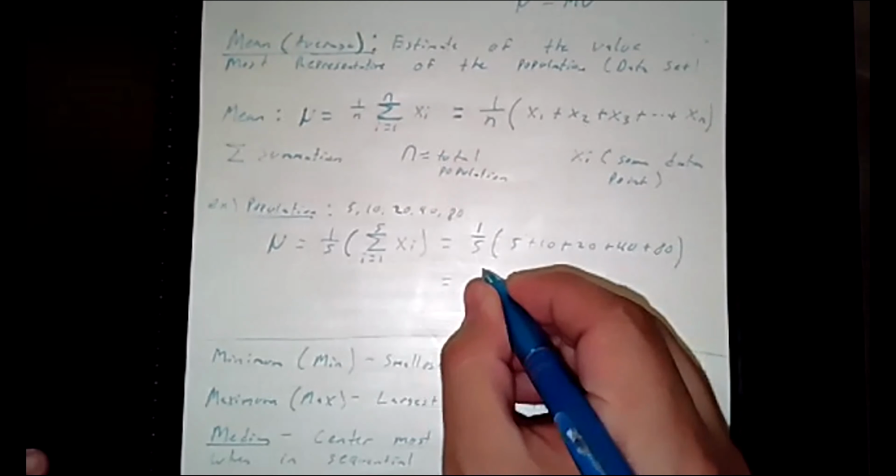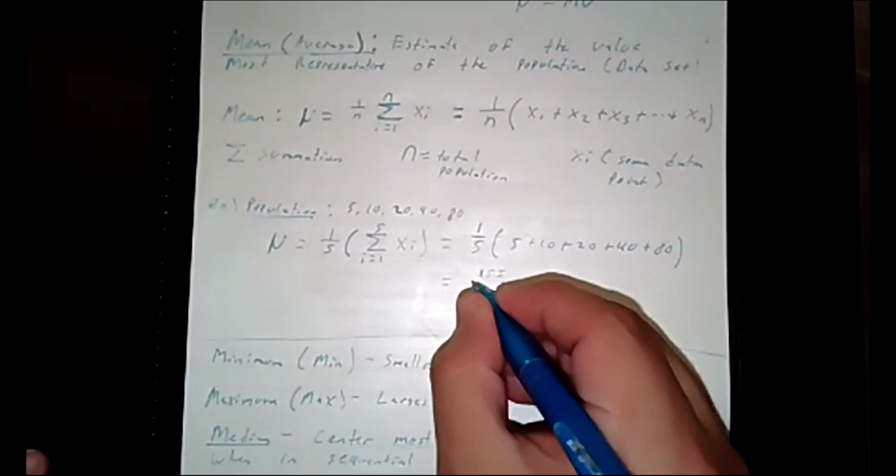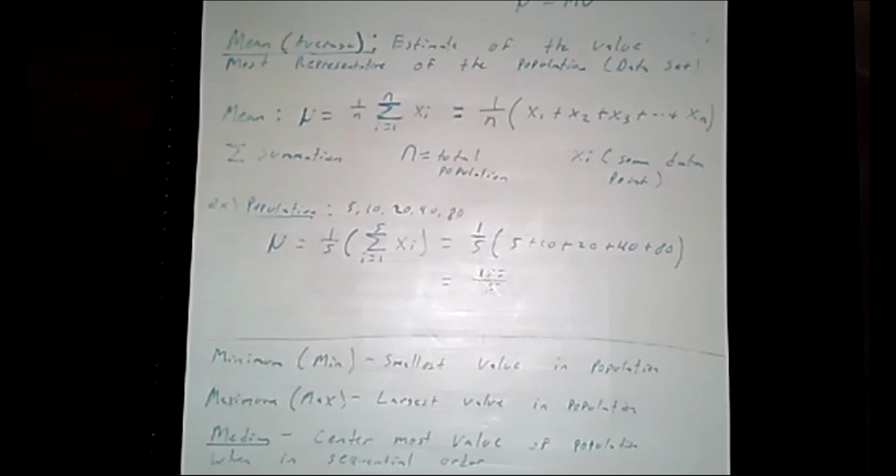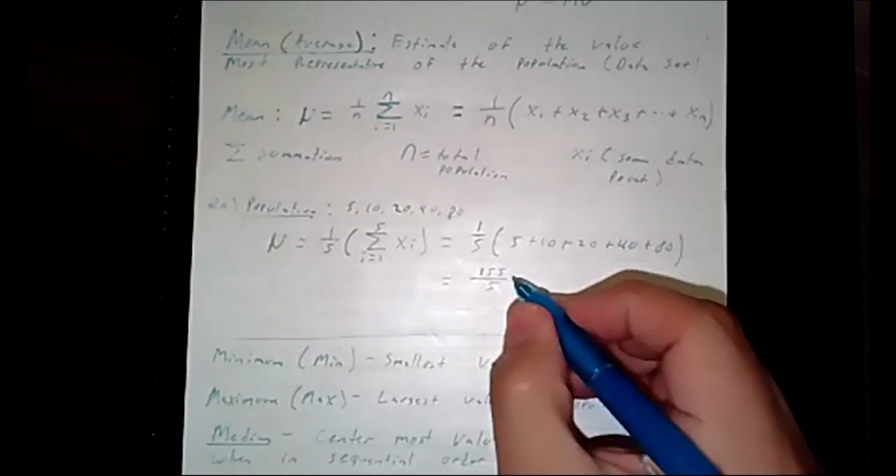So it'd be 155 over 5. There we go, so just simply divide that and we'll know what it is. Should be, let me think, yeah, I think it's 31.